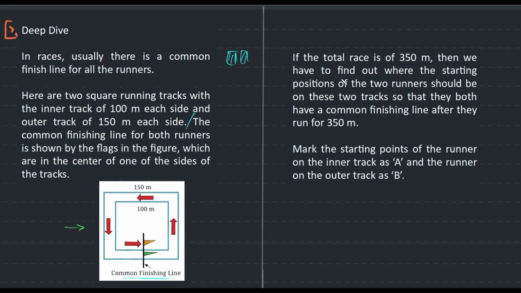Then we have to find out where the starting position of the two runners should be on these tracks so that they both have a common finishing line. After they have run 350, the key thing is 100, 150, common finish line, and it's exactly at the center of the sides.